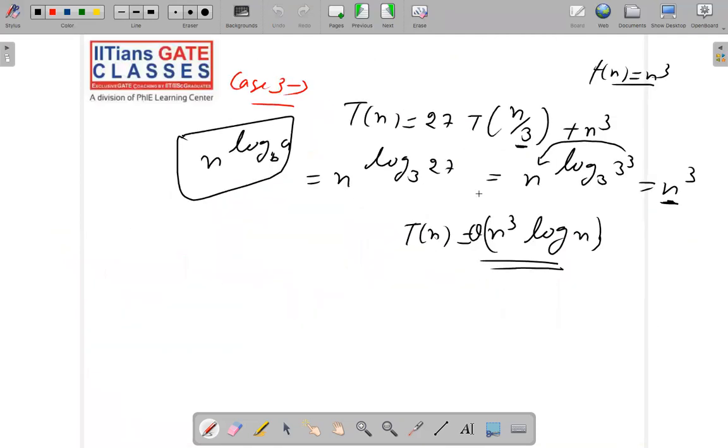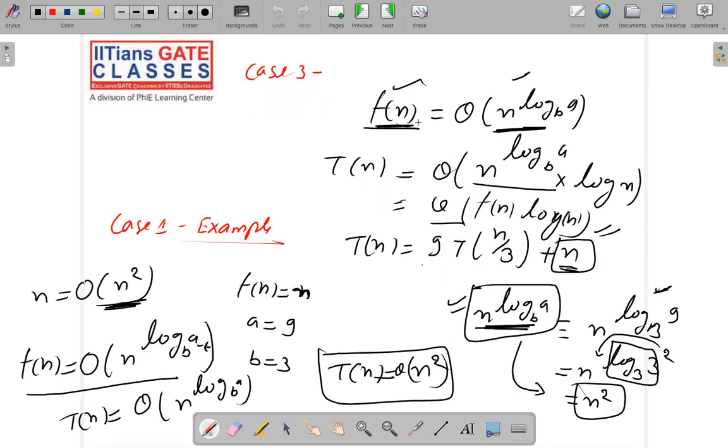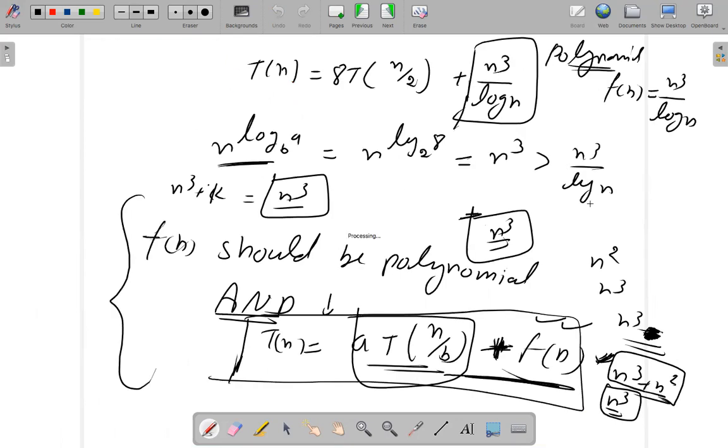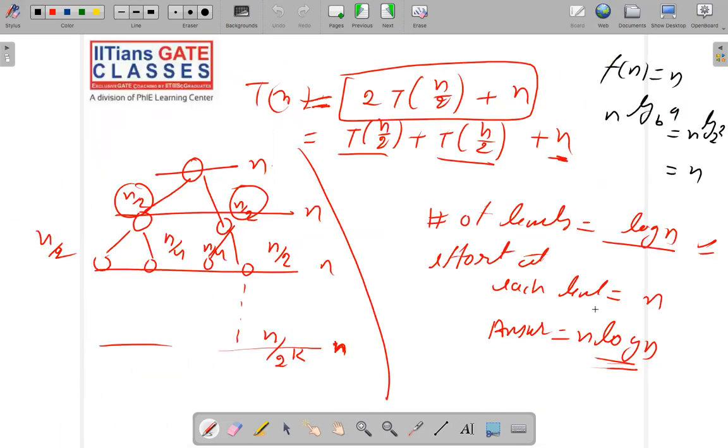The third case says that if these two are equal, f(n) and n to the power log b a, the answer is f(n) log n, or n to the power log b a times log n. So it's n log n.